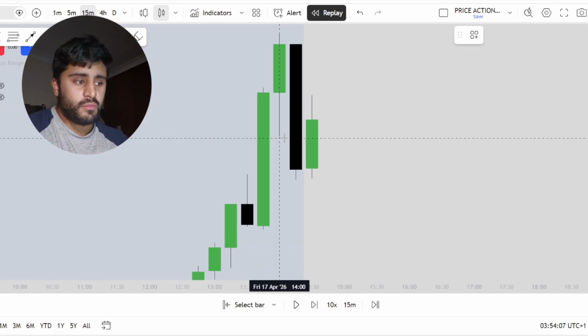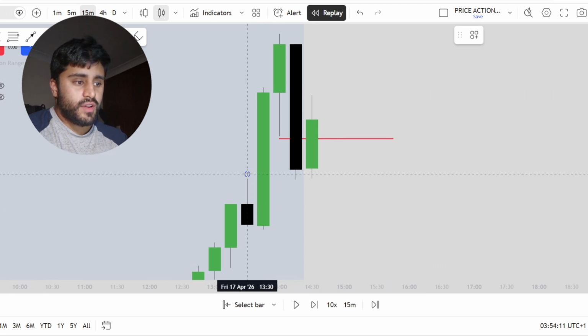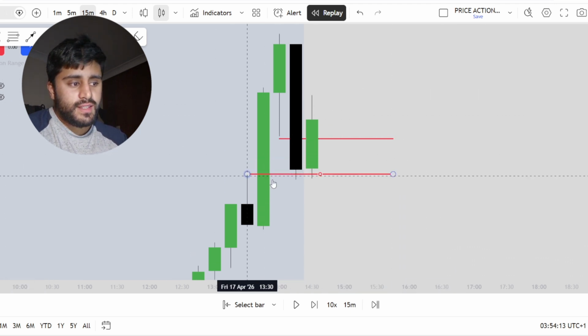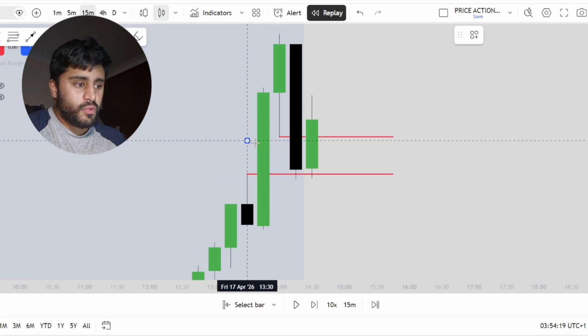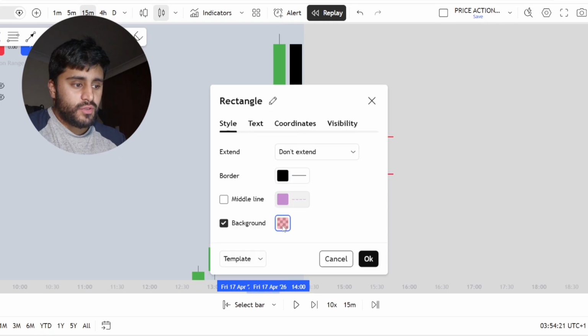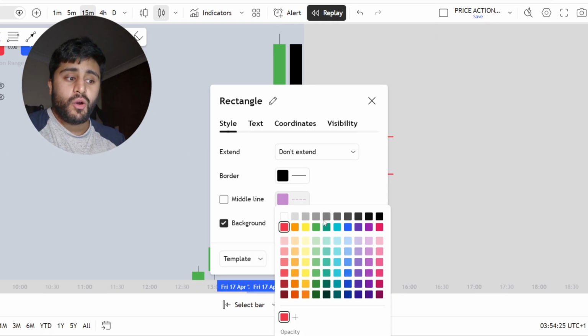The price imbalance for me would be between this red line and this red line. These two red lines indicate a price imbalance because this wick and this wick don't touch. So this price imbalance is where I'm interested in potentially trading away from.